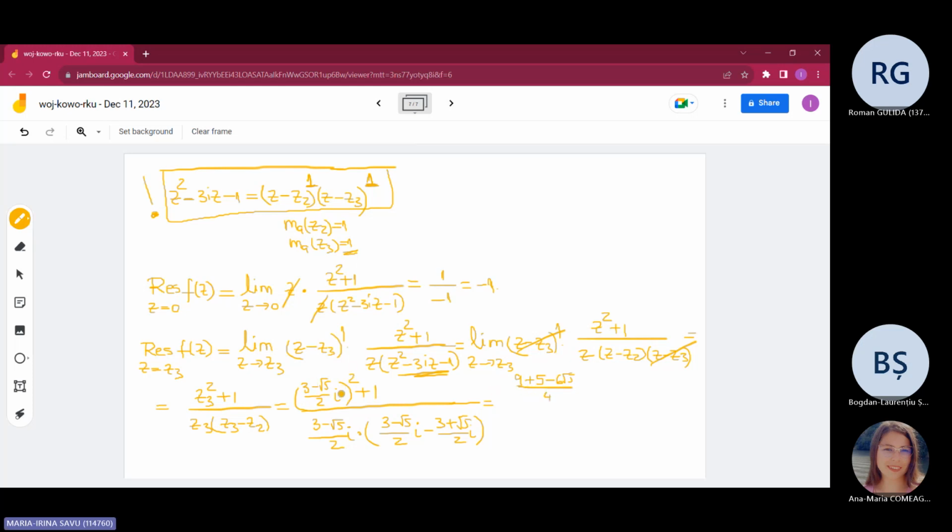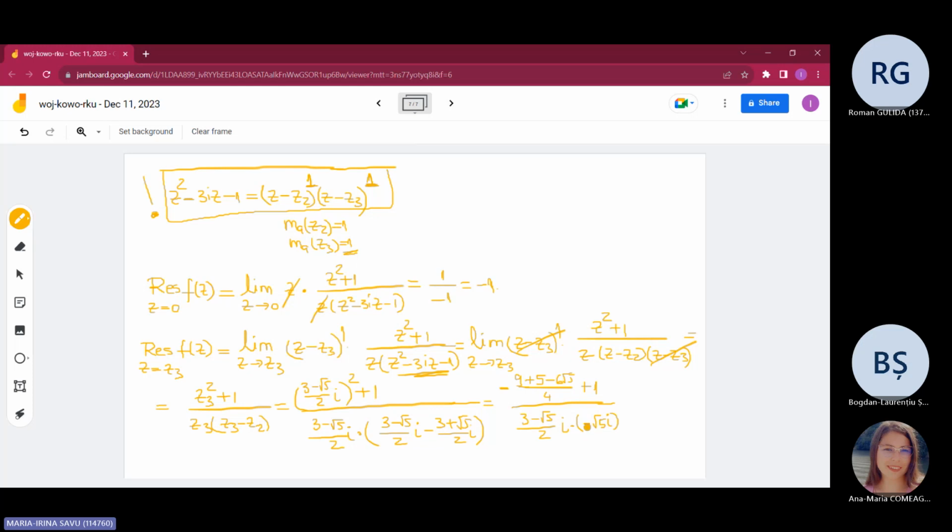This expression, but i squared is minus 1, so this is minus this fraction plus 1 over (3 minus square root of 5) over 2 times i times, and this difference is actually minus square root of 5 i.